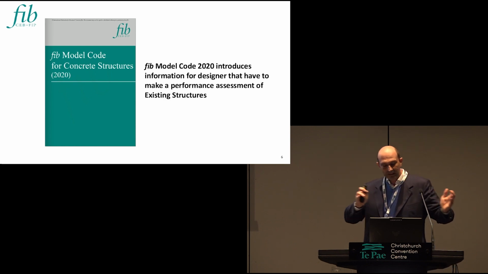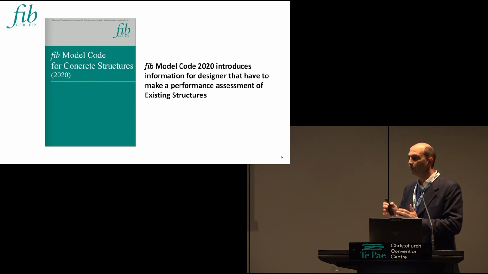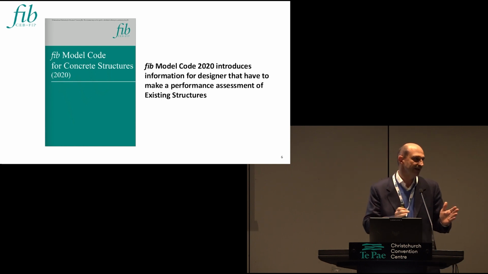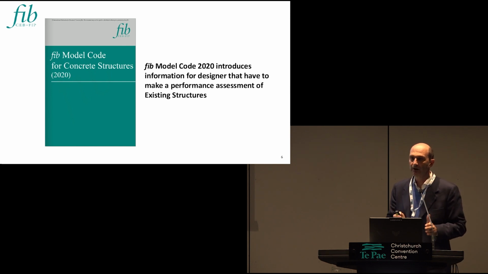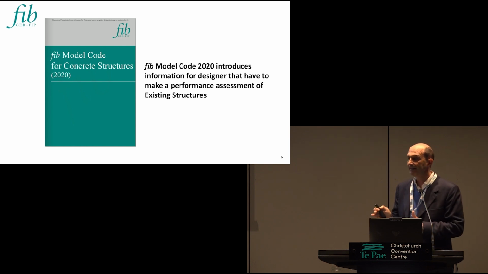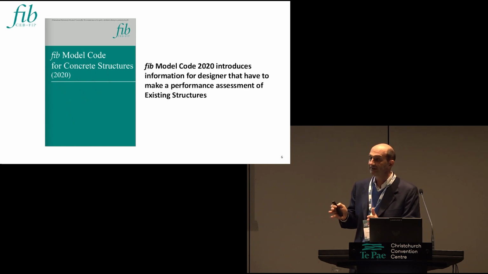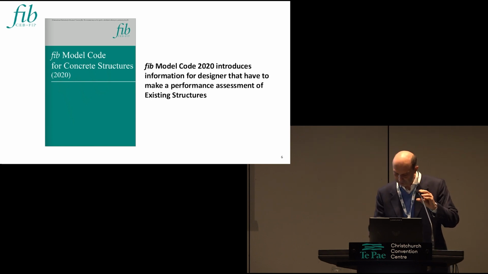We have a lot of parts related to existing structures in the model code. I will focus only on two aspects that are, for me, important. One is the use of partial factors for existing structures, and the other is the degradation of material, in particular degradation of reinforcement, because I think that is, in my opinion, one of the newest aspects.